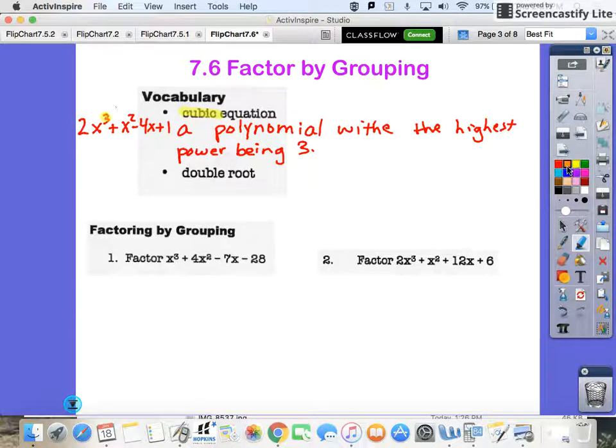And then a double root is a polynomial with two roots or solutions that are the same.